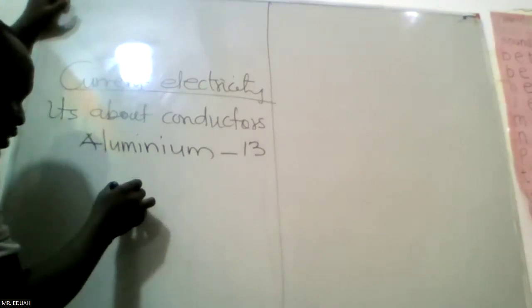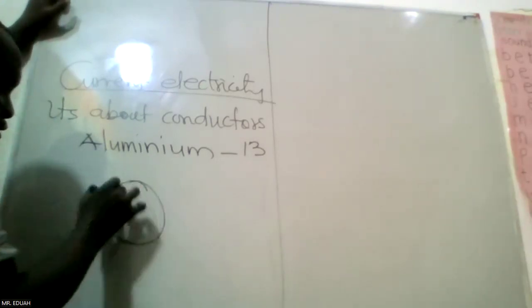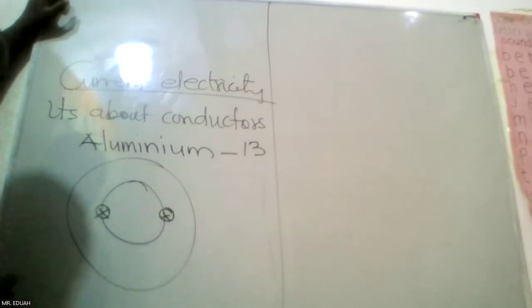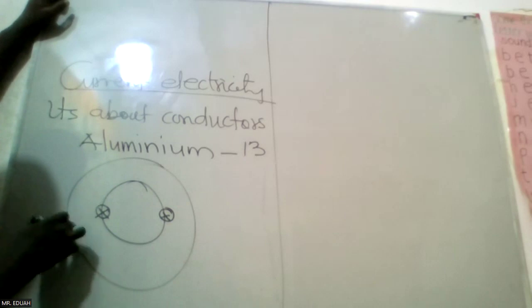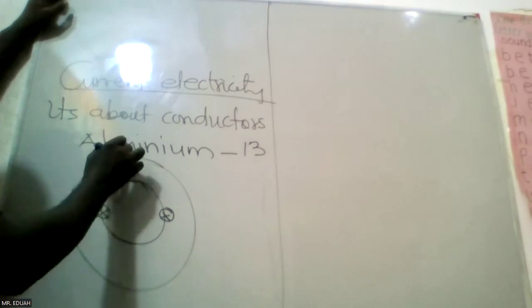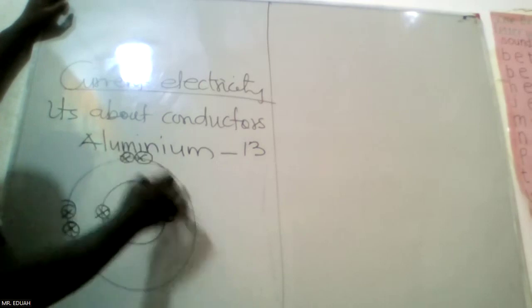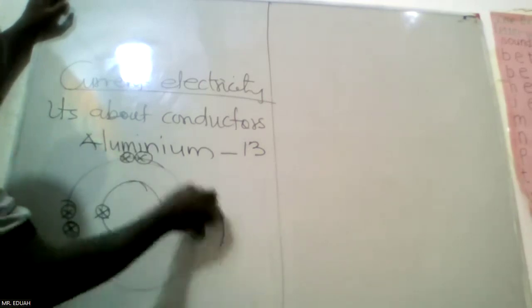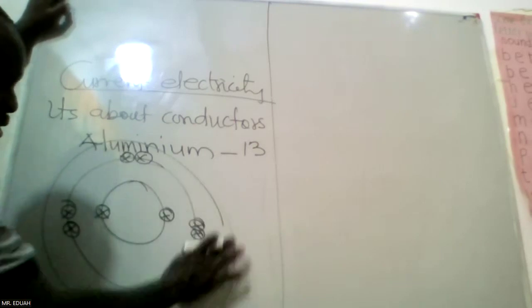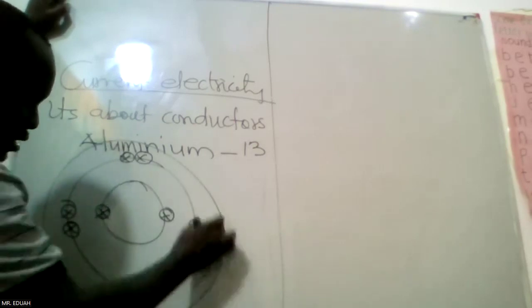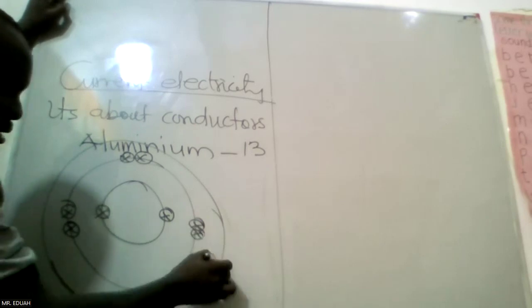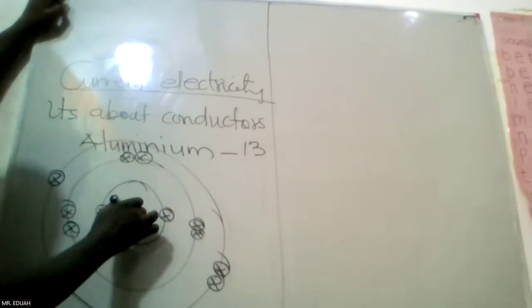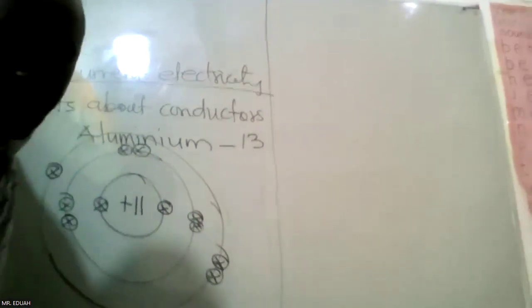If you draw the electronic configuration, two electrons here, 8 electrons at the second shell, and 3 electrons within the valence shell, plus 14 neutrons.